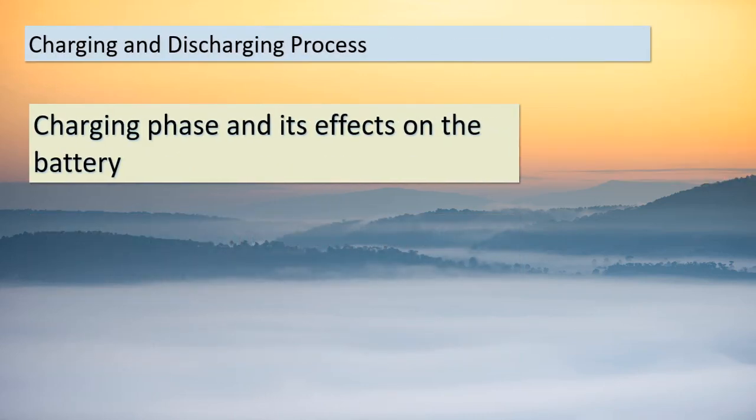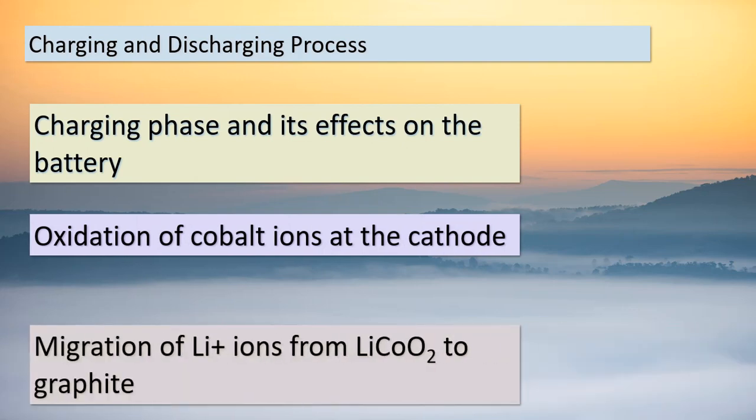As we venture deeper, let's uncover the captivating process of charging and discharging within a Li-ion battery. During the charging phase, cobalt ions within the cathode undergo oxidation, setting off a sequence of events. Simultaneously, Li+ ions migrate from the LiCoO2 cathode to the graphite anode, a movement that's essential for storing energy. Picture this as the battery absorbing energy for later use.